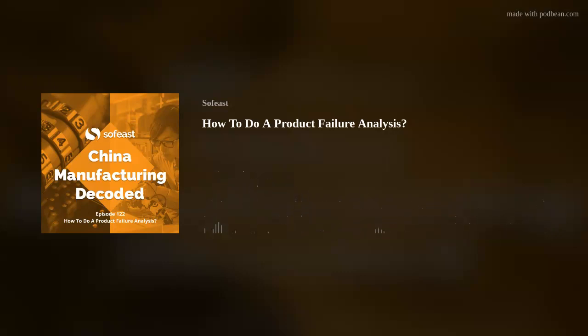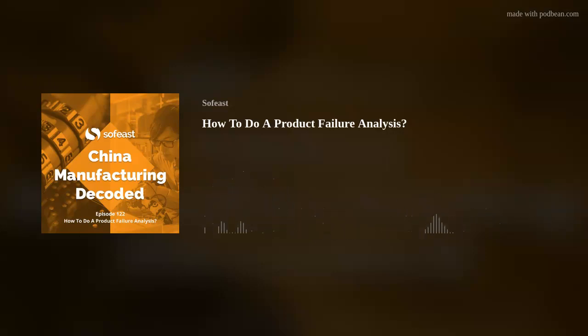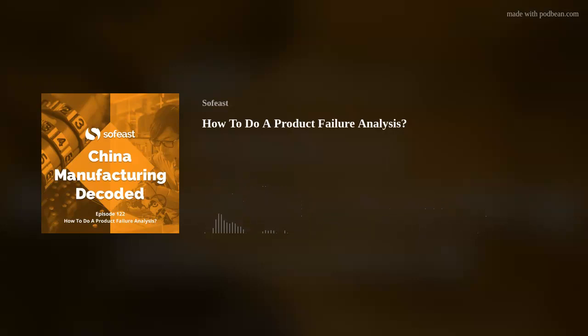You don't want to do destructive tests right away. Maybe you go step by step very often. First, what is the kind of things that we see, like visually or with very simple non-destructive testing? Can we already get to some kind of conclusion or at least indication of what happened? And then in a second step, it's maybe going deeper in the analysis, and maybe you have to do destructive testing and so on, right?